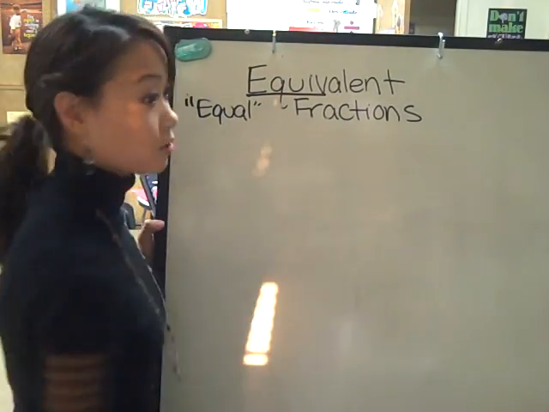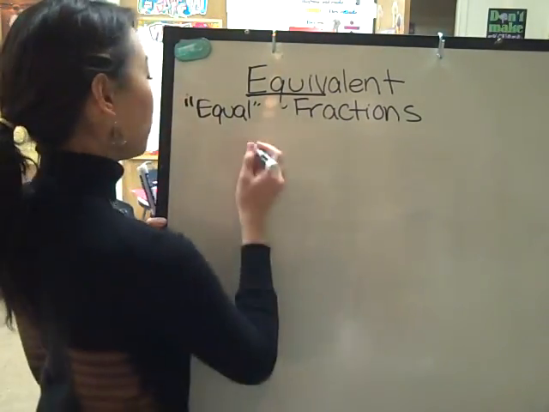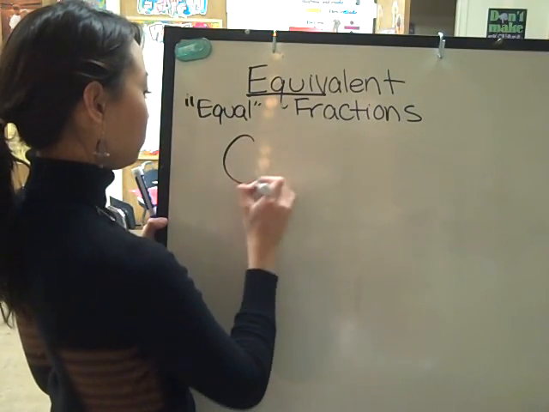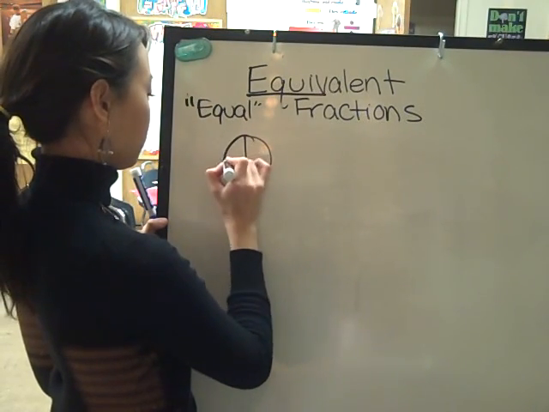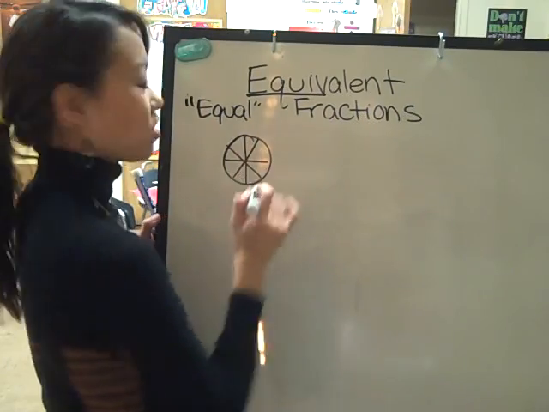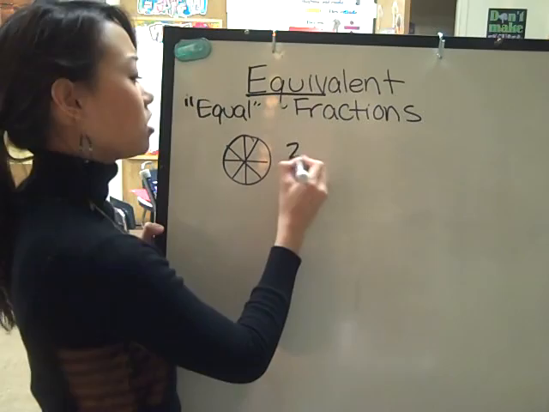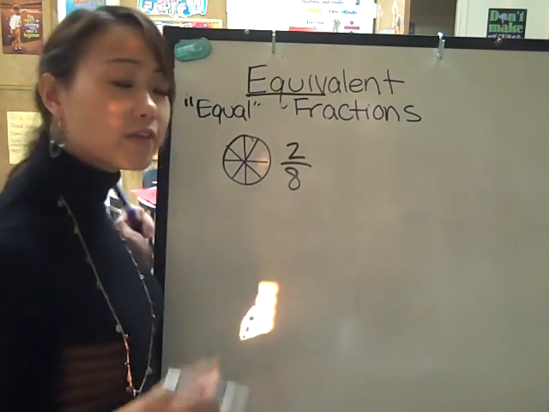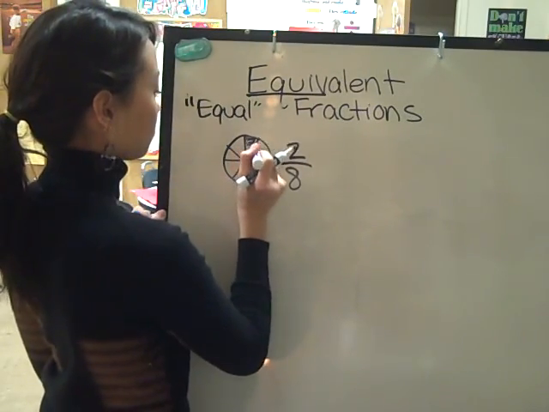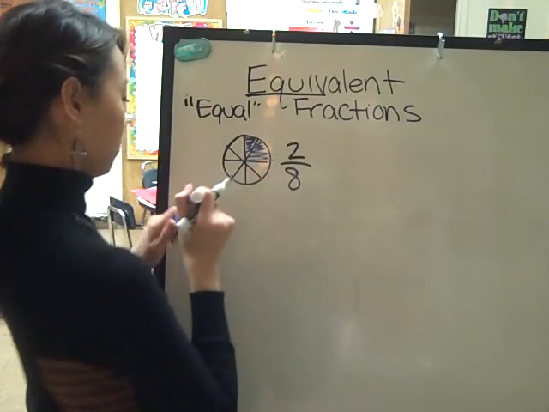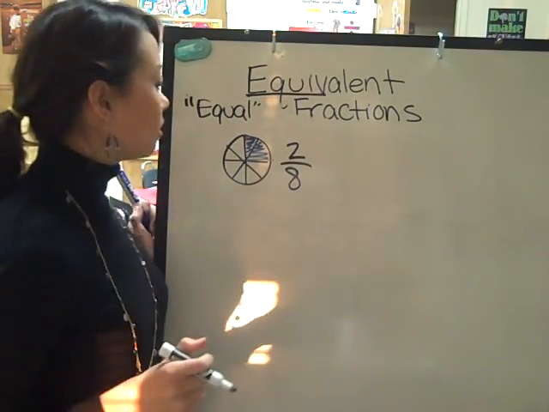Okay, let's do a realistic one, okay? That might actually happen at school. Let's say Jefferson School usually cuts their pizza into 8 slices. Let's say you usually get a good 2 out of 8 slices. Okay.